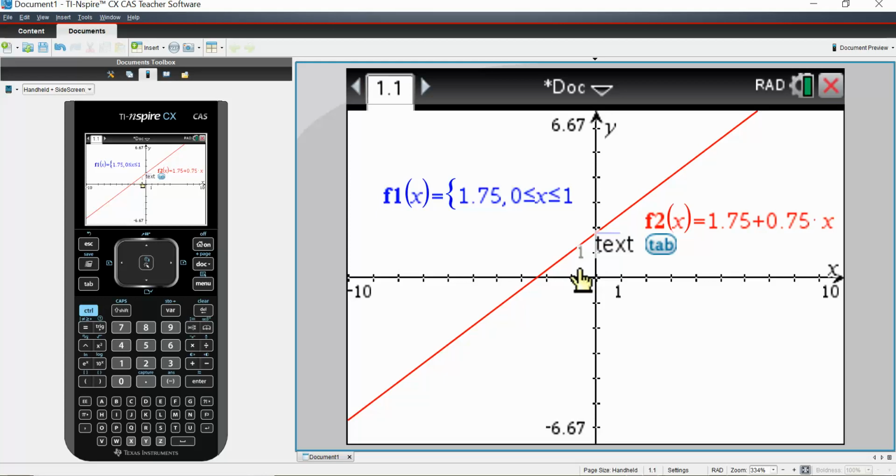But the graph that I sketched, 1.75 plus 0.75x, started at 0. But I didn't start at 0. I started at 1. X has to be 1. So this gradient needs to move to the right by 1. Then it'll be the graph that I want. See, I didn't start at 0. I started when it's 1 onwards.